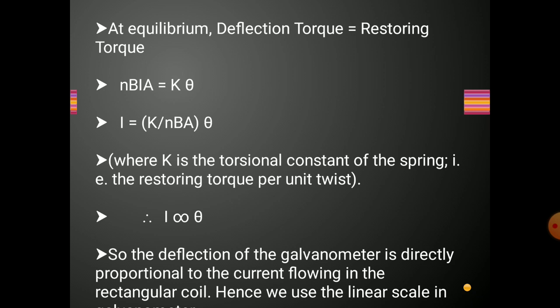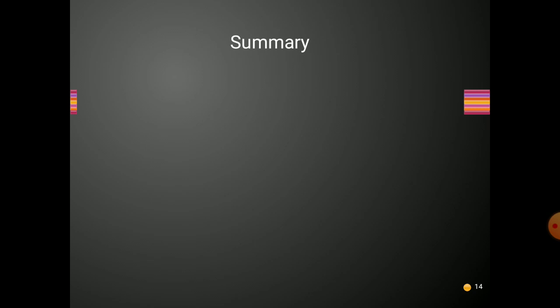Therefore I is directly proportional to theta. So the deflection of the galvanometer is directly proportional to the current flowing in the rectangular coil. Using the lamp and scale arrangement, we can find the amount of deflection in the coil, which corresponds to the amount of current flowing in the coil.